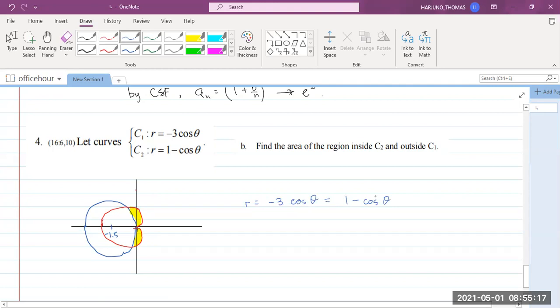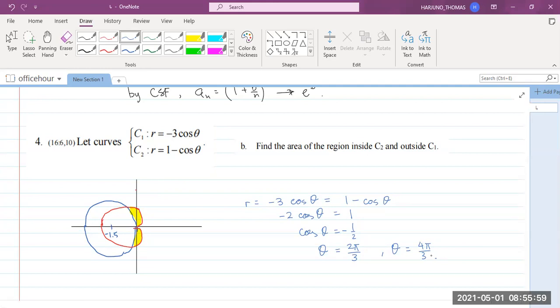I need to find where the theta intersect. That's -2 cosine theta equals 1, cosine theta equals -1/2. So theta in quadrant 2 will be 2 pi over 3, and in quadrant 3 is 4 pi over 3. And we can see that they also intersect at r equals 0.